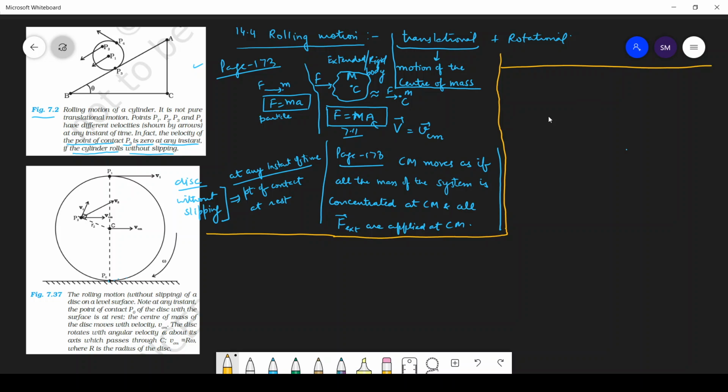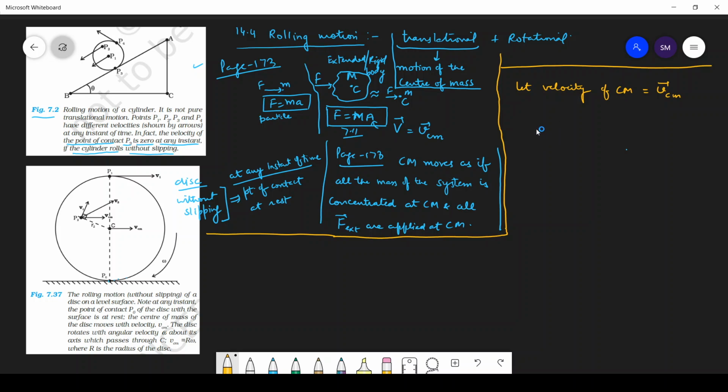Now let the velocity of center of mass be v. I am reading from the NCERT: let the velocity of center of mass be equal to VCM.